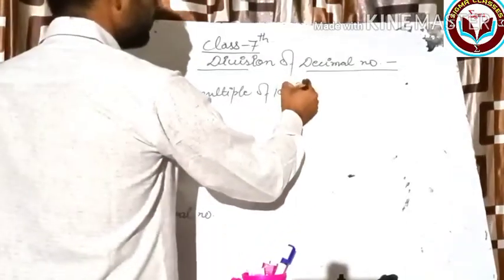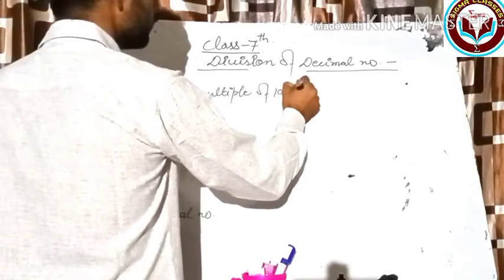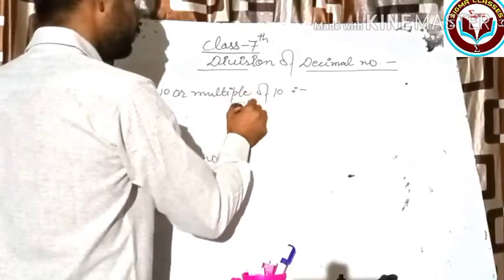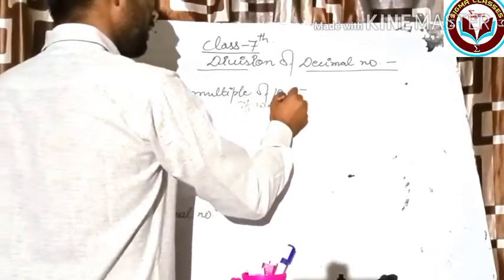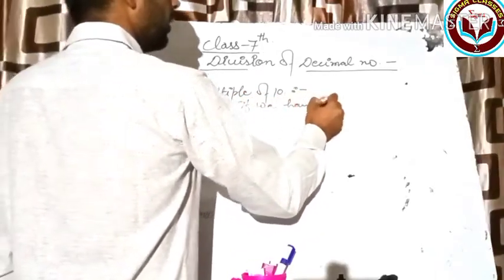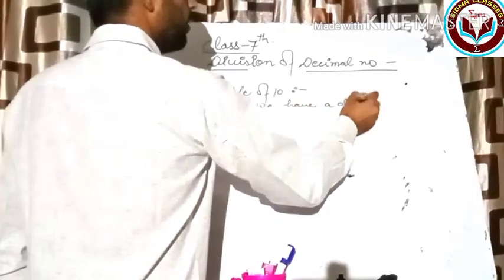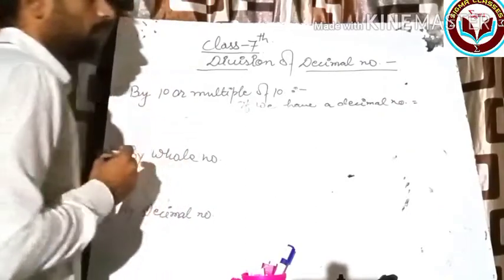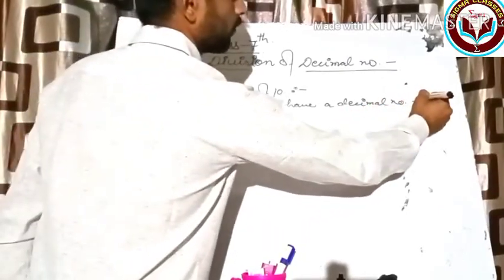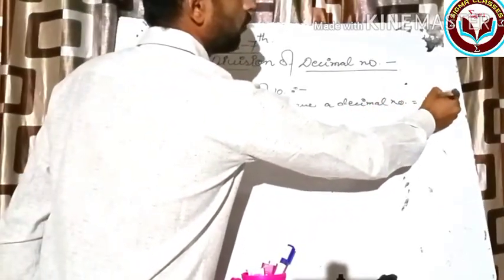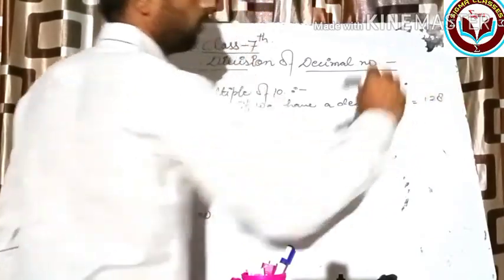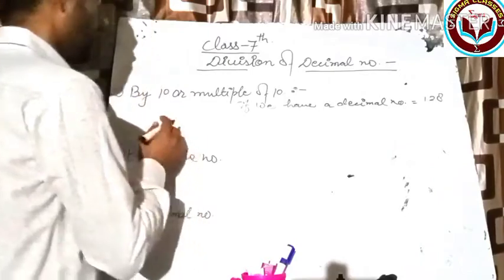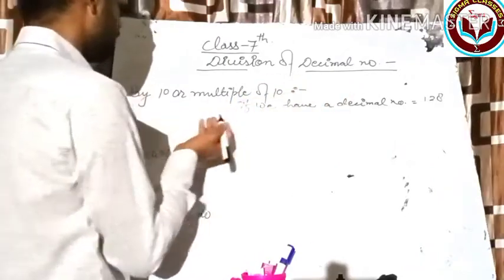Okay, suppose we have a decimal number 1.28, and we have to divide this by 10 or a multiple of 10.